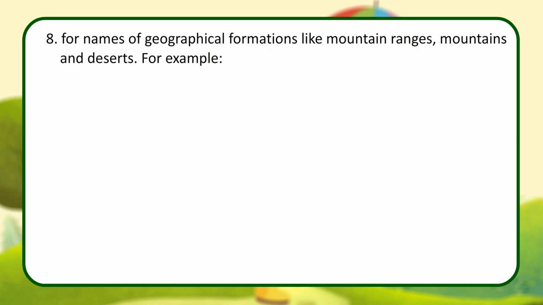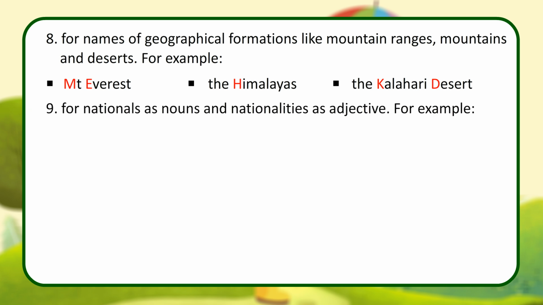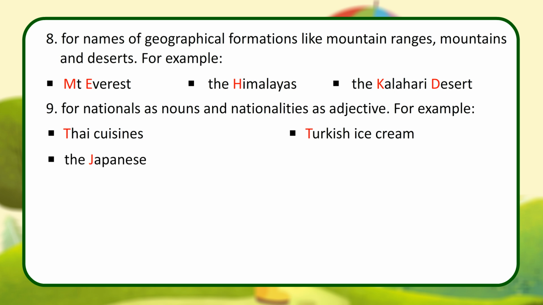For example, Mount Everest, the Himalayas, the Kalahari Desert. 9. For nationals as nouns and nationalities as adjectives. For example, Thai cuisine, Turkish ice cream, the Japanese, the British.